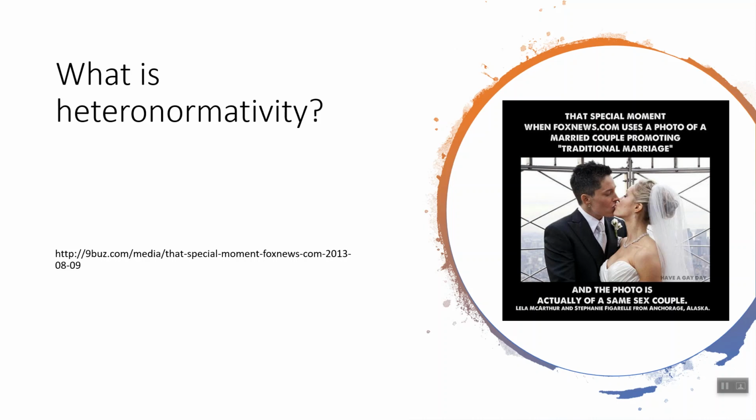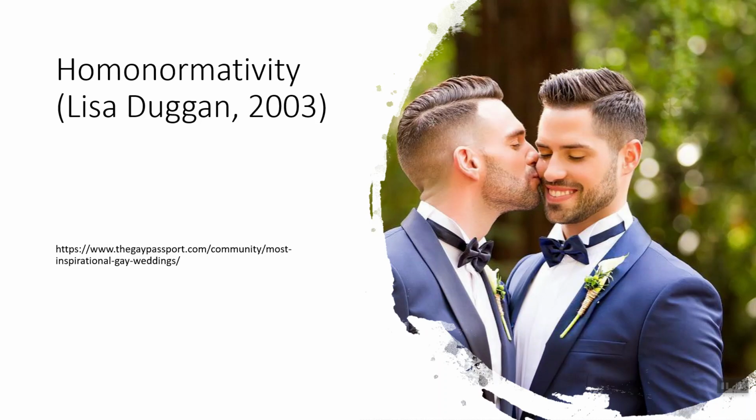We can see gender roles being reinforced. So one of the women almost looks like a man, and the other woman is very, very feminine. So gender roles are reinforced, and we can see that this photo could actually be a traditional heterosexual marriage. There's very little difference between this image and a photograph of a heteronormal heterosexual marriage.